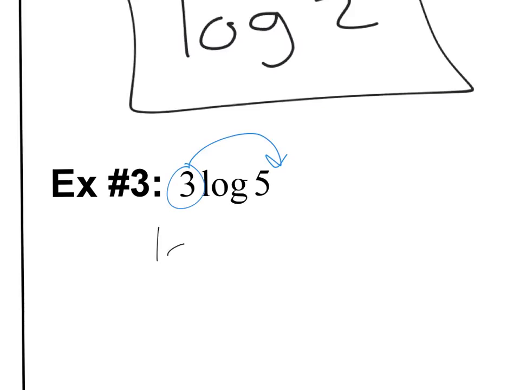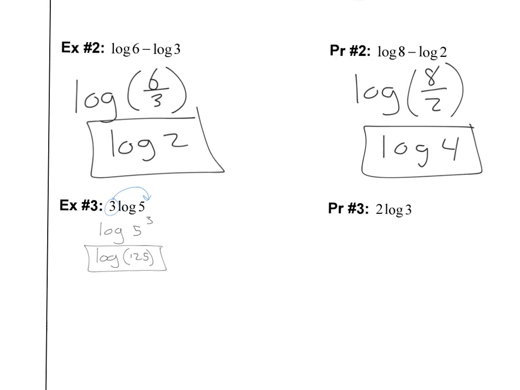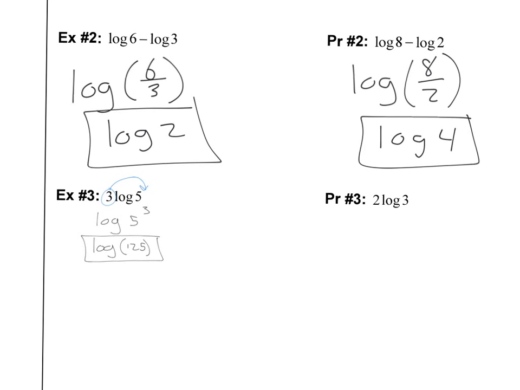So I could write this as log of 5 to the third power. Well, what is 5 to the third power? 5 times 5 is 25, times another 5 is 125. So I could rewrite this as log 125. And that's all there is to that one. Okay, so I want you guys to go ahead and try practice number 3, and then unpause the video when you're ready to check your work.